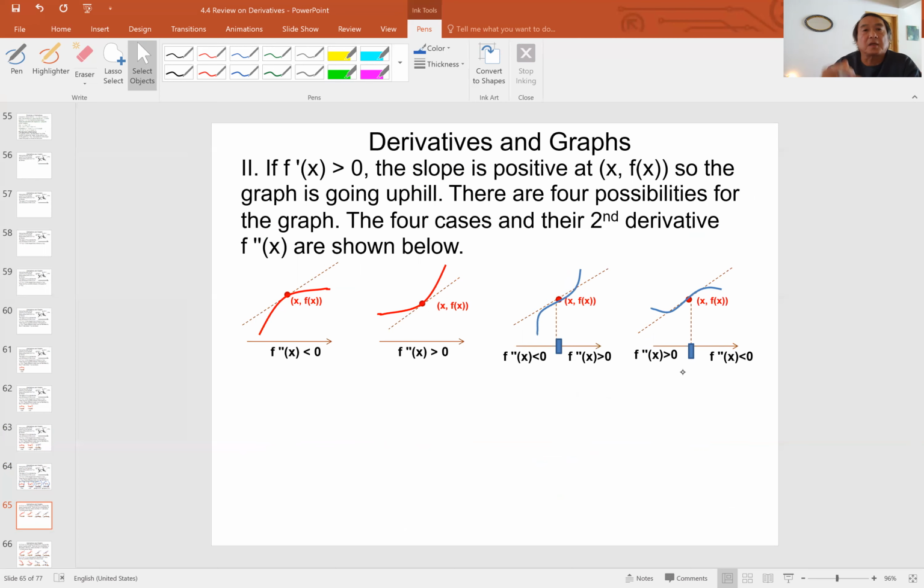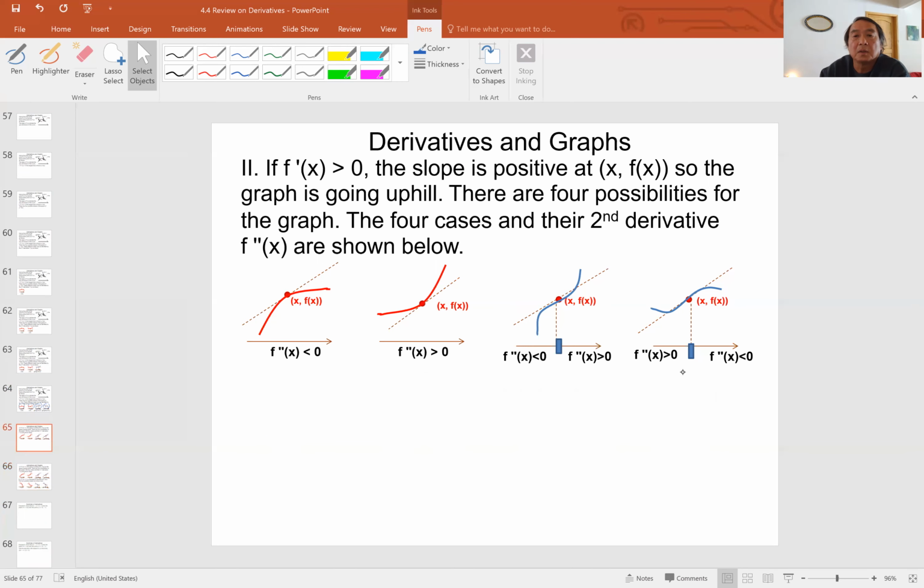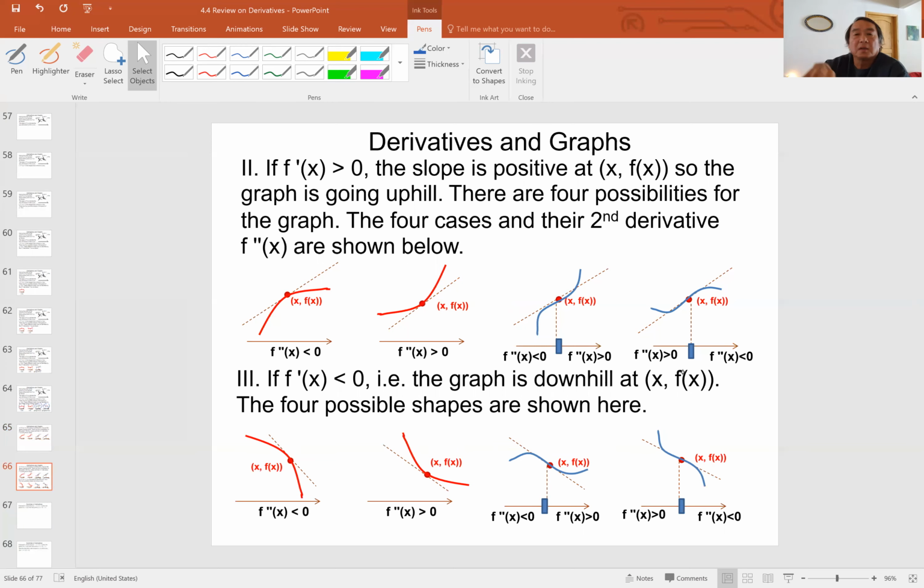Well, just take the other 4 cases where it was horizontal and tilt the tangent one way, so the derivative is positive. Derivative negative means tilting the other way. So if I know the sign of the derivative, derivative 0, positive, or negative, it's one of these 12 pictures.